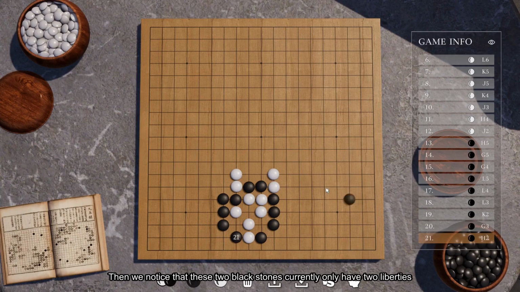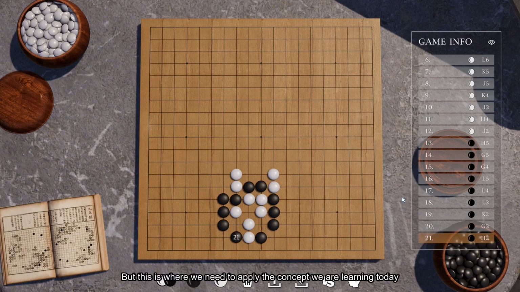Then, we notice that these 2 black stones currently only have 2 liberties, while these 6 white stones appear to have more than 2 liberties. It looks like they have 1, 2, 3, 4 liberties. So, it seems that in this battle for life, white has more liberties.